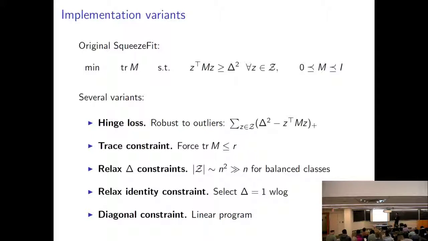Another important basis is the identity basis. So if you want to restrict your sampling to particular coordinates, and this happens a lot where I want to do feature selection, you can impose that M is diagonal, and then the semidefinite program turns into a linear program. It's much faster to solve.